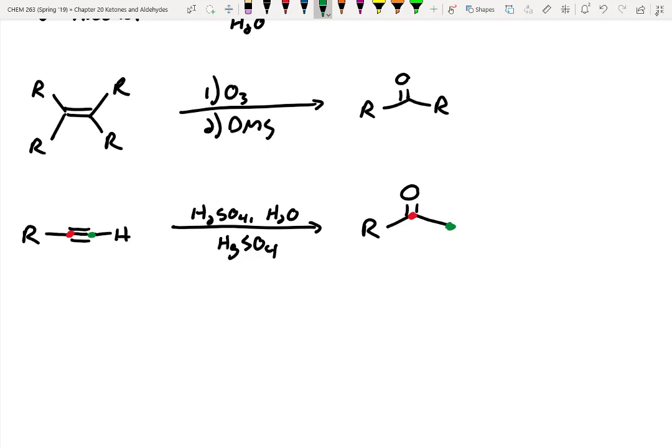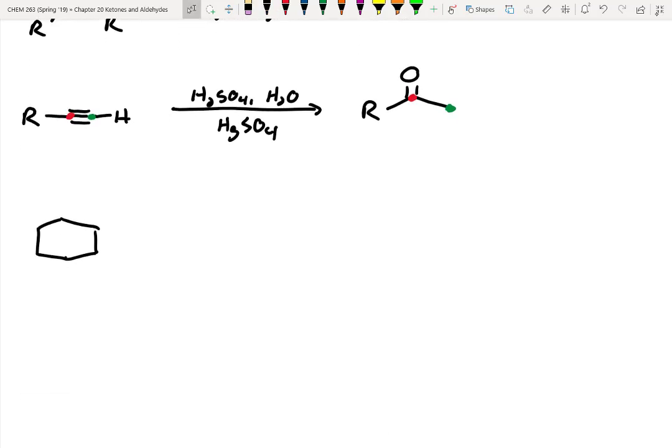Does it have to be a terminal alkyne in order to make a ketone? No. What's one problem, though, if we have an internal alkyne that's not terminal? We might get a mix of different ketones, so you do have to watch out for that. All right, and then last but not least, this term, we saw how we could convert benzene into an aromatic ketone.